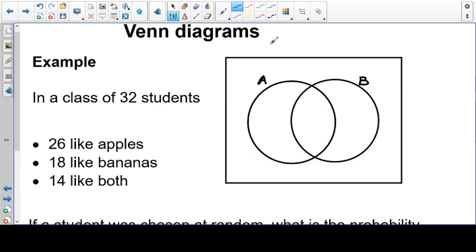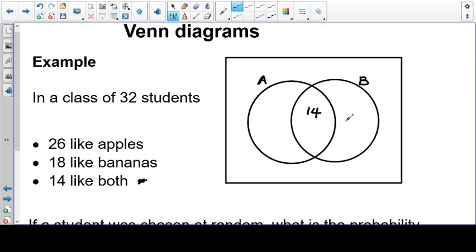Now, when you're filling in a Venn diagram, you always start in the centre, in the overlap, and then you work outwards. So first of all, I'm going to put in the 14. 14 like both apples and bananas. That's the overlap.